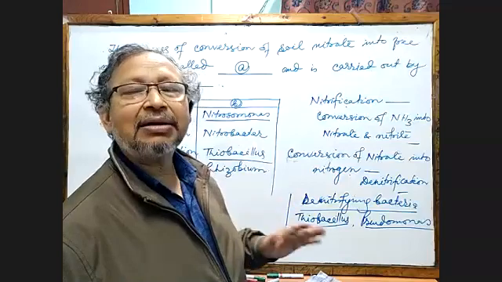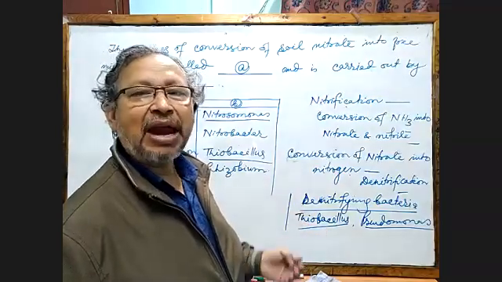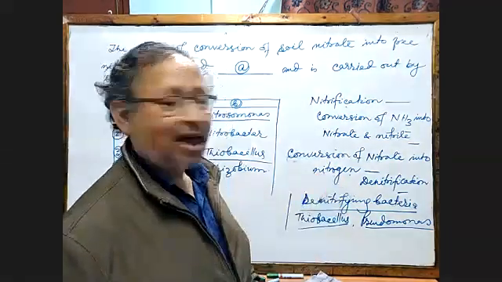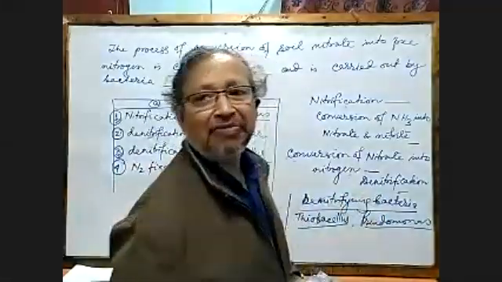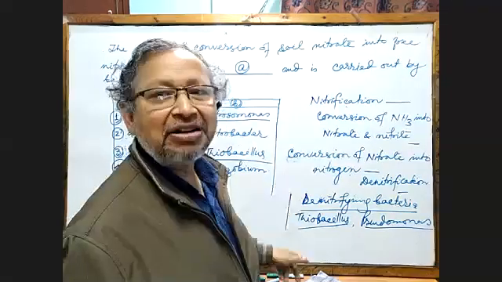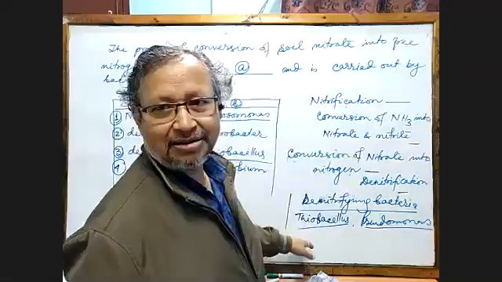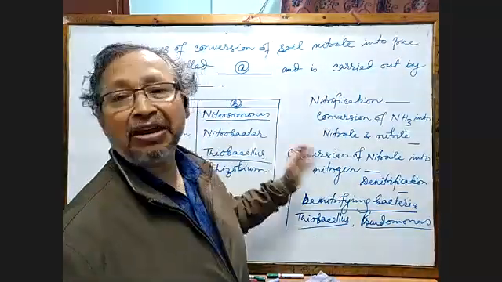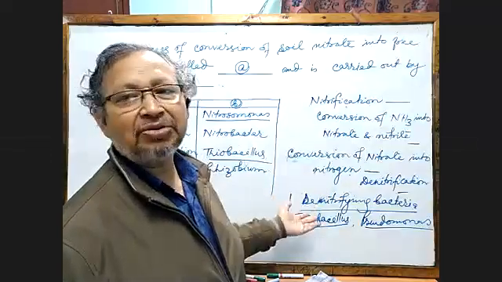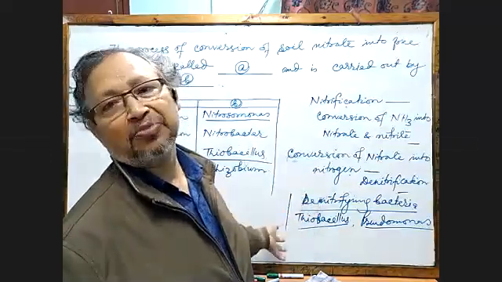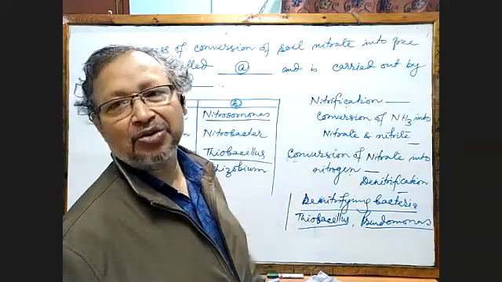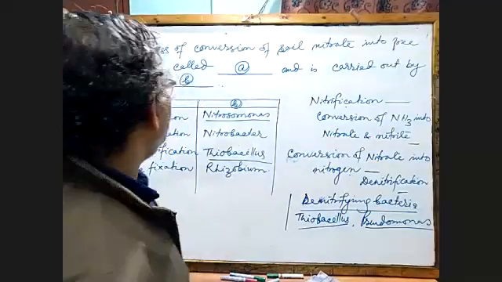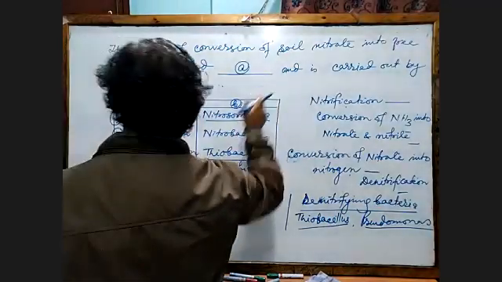So the plant gets nitrogen nutrition from the soil in the form of nitrate. And the denitrifying bacteria convert this nitrate into free nitrogen, which is released into the atmosphere. And again, that free nitrogen is not useful for the plant.